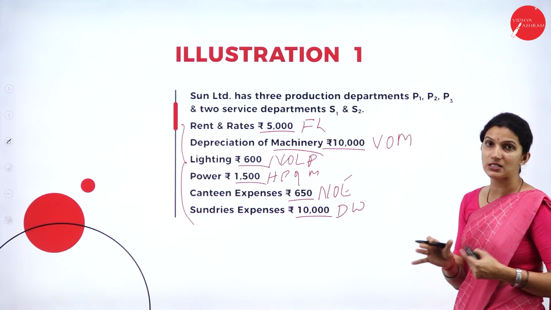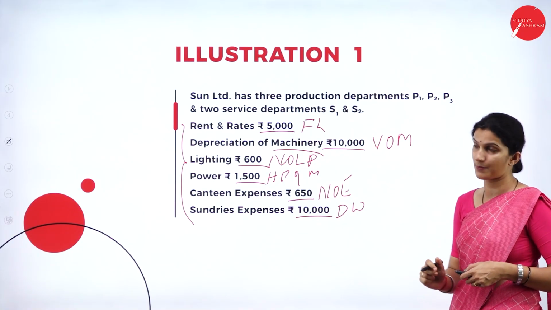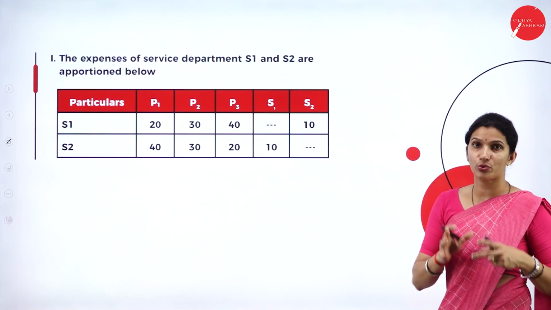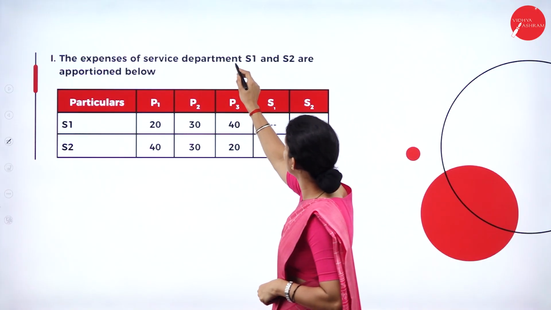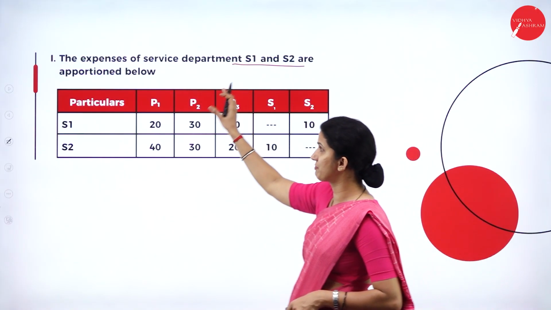First we will prepare the primary distribution, allocating these expenses. After that, the question says the expenses of service departments S1 and S2 are apportioned as below.